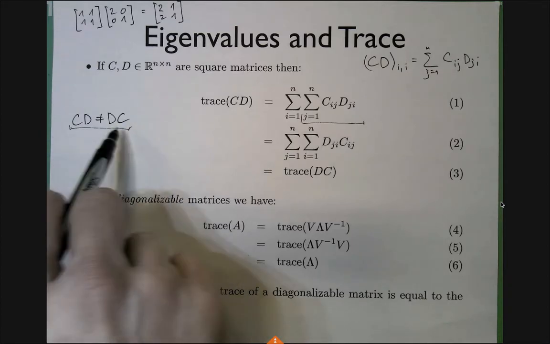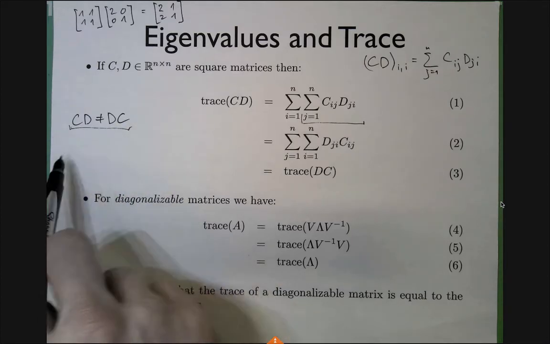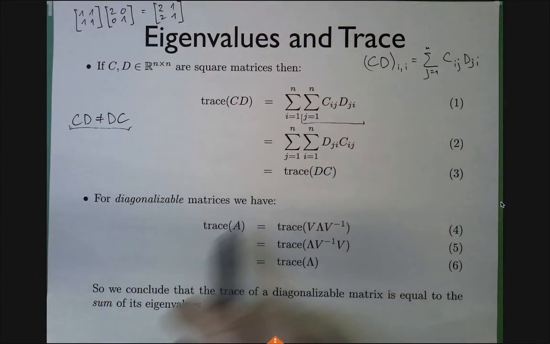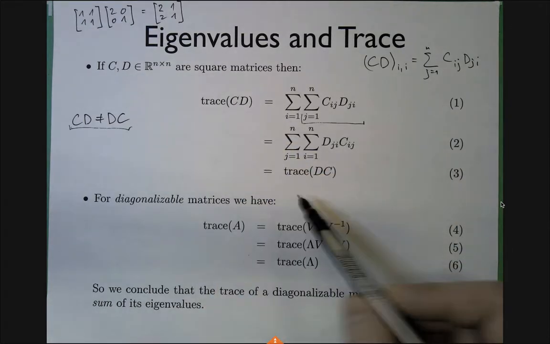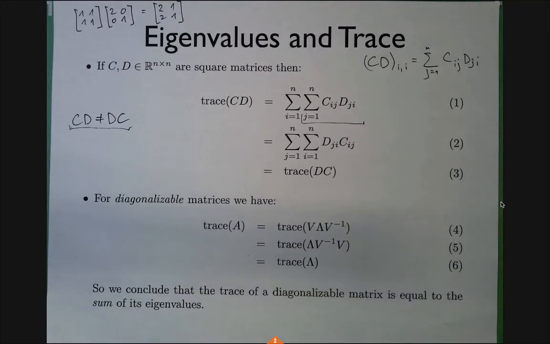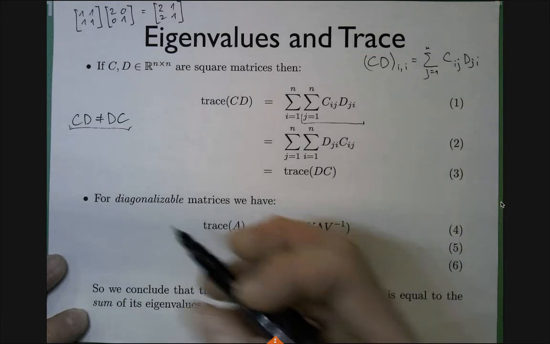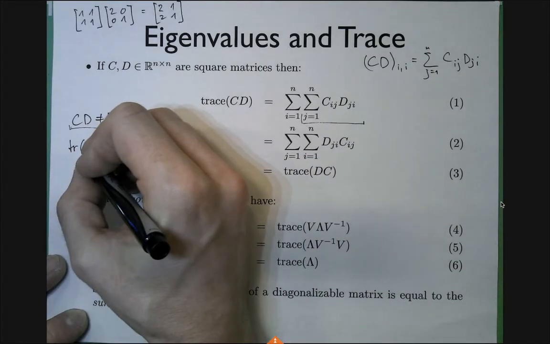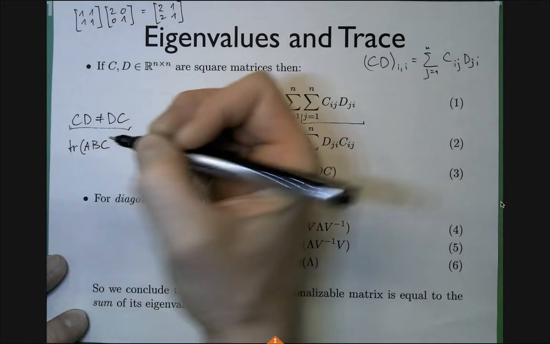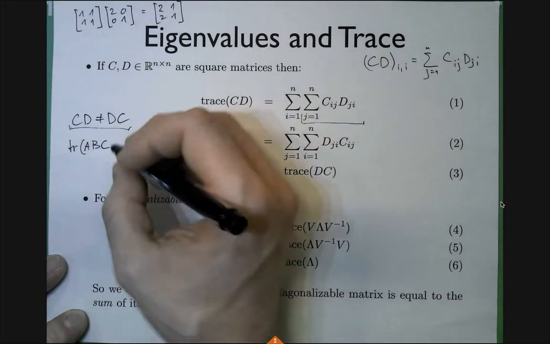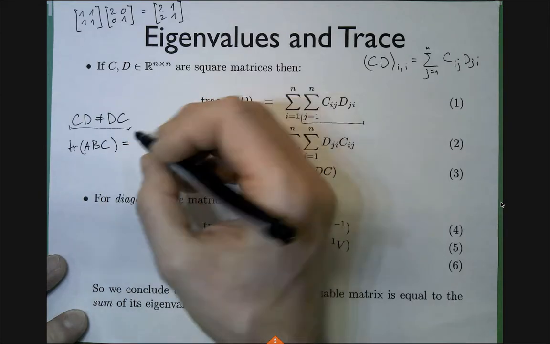So my point was that in general it is not commutative, certainly. But after you take the trace, it is always commutative, in the sense that the trace of CD and the trace of DC are the same. Now you need to be a little bit careful, because you might get too excited and say that the trace of ABC, if I'm taking a product of 3 square matrices, equals the trace of ACB.